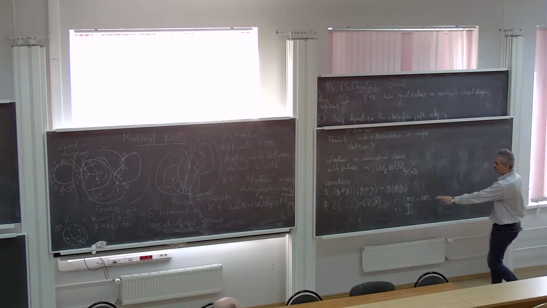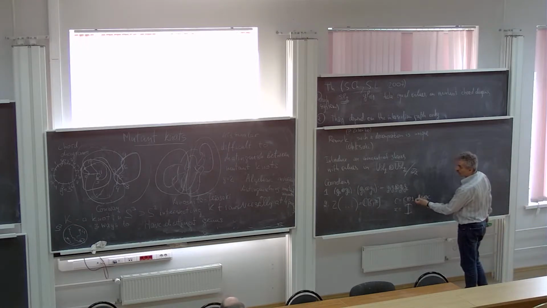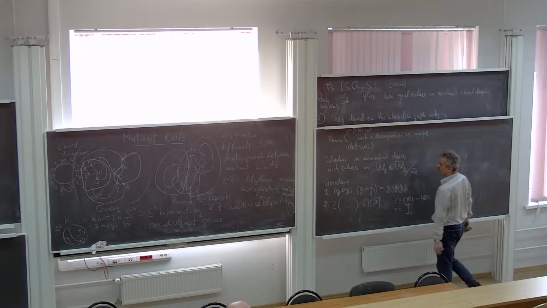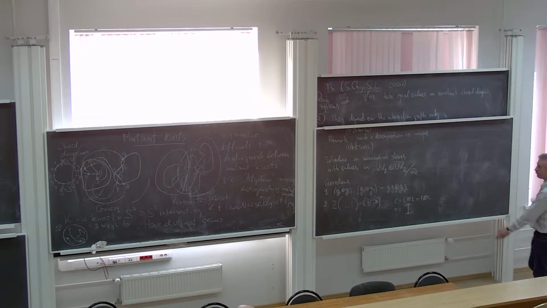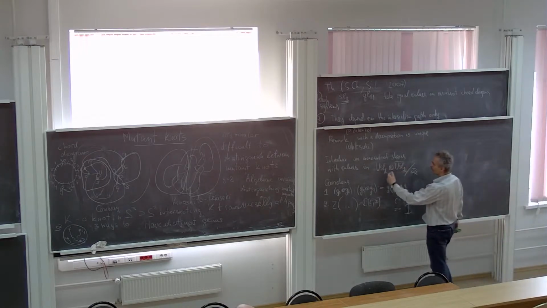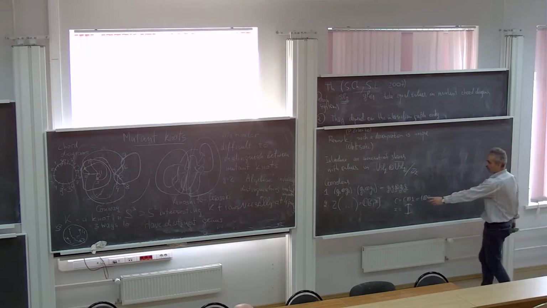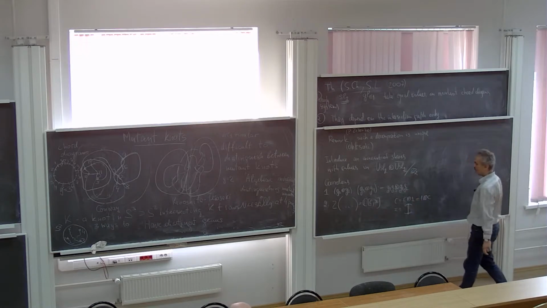So without this symmetry, the corresponding weight system is well defined, but it will not be in the center. The corresponding element will not be ad-invariant. But after this symmetry, it becomes indeed ad-invariant.